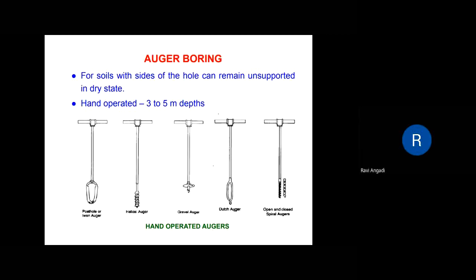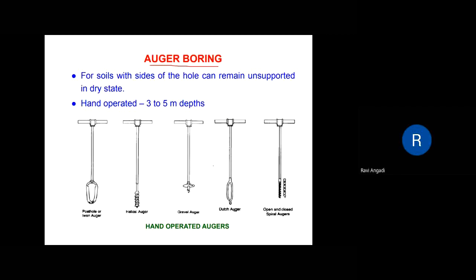So let us discuss the first one, the auger boring. What does it mean and when will it be used? An auger is just a tool used by a carpenter. You might have seen the carpenter using this type of auger for boring holes in wood. Exactly the same way, boring is done in soil.